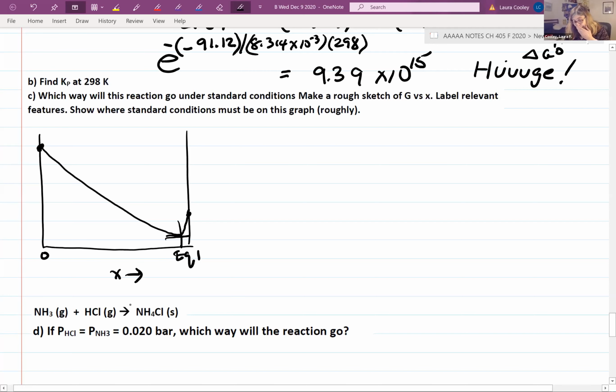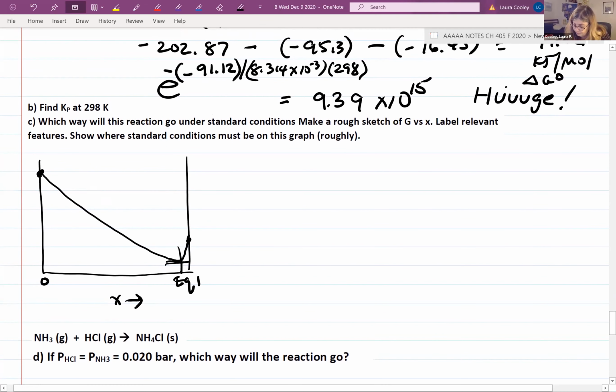But oh well, that's what we got here. Like I said, these drawings don't have to be beautiful. So it's very, very big. So the products are heavily favored. The reaction basically goes to completion.